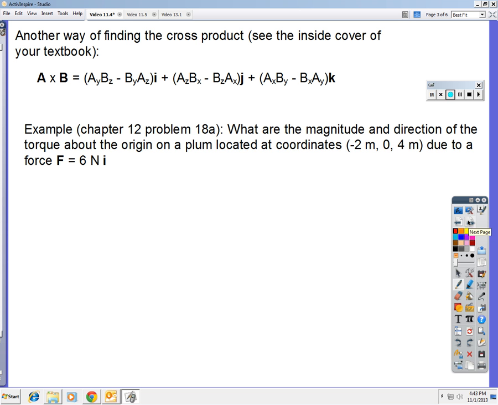Now, if you are given two vectors with magnitude and position, the AB sine theta works quite well. But let's say you're given the force and the point at which it's applied in unit vector notation, or even better, as components.